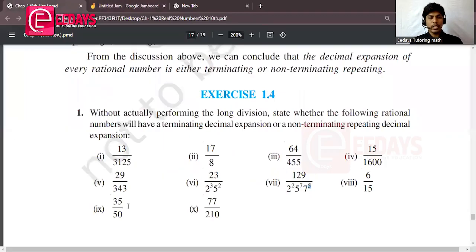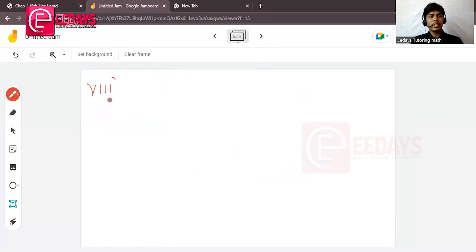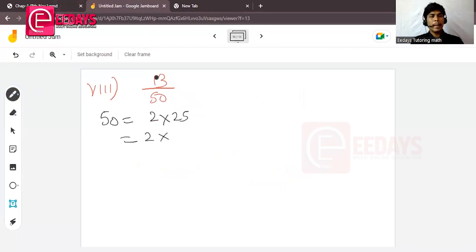I will just do 35 by 50, and you can do the rest of the things with the same procedure. First, write the prime factors for 50: 2 into 5 into 5.